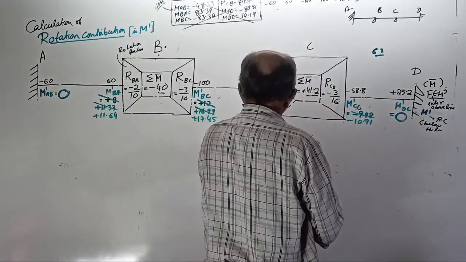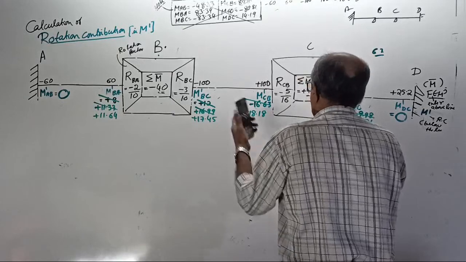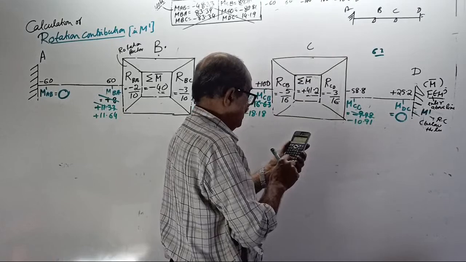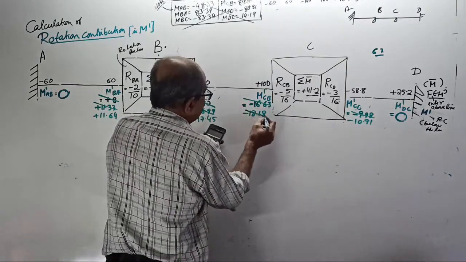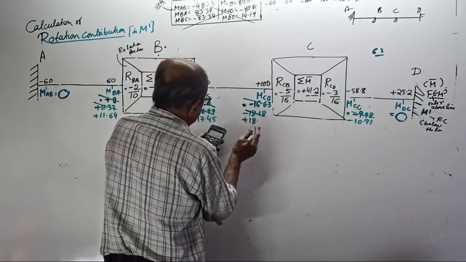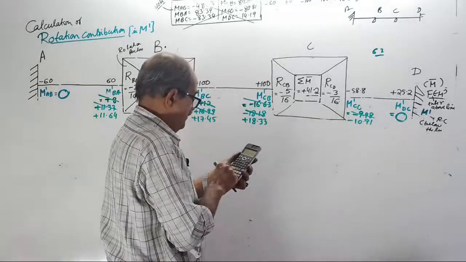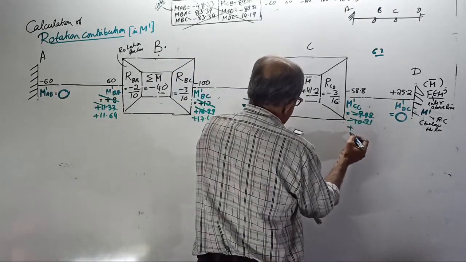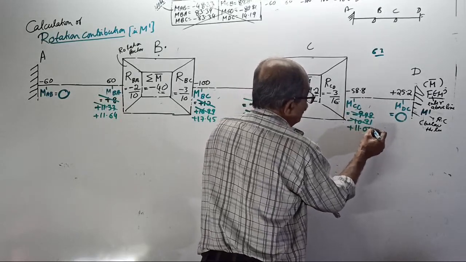41.2 plus far end there plus 17.45 plus far end here is 0, into minus 5 by 16, cut plus 18.33 plus 10.996, that is 11.00.